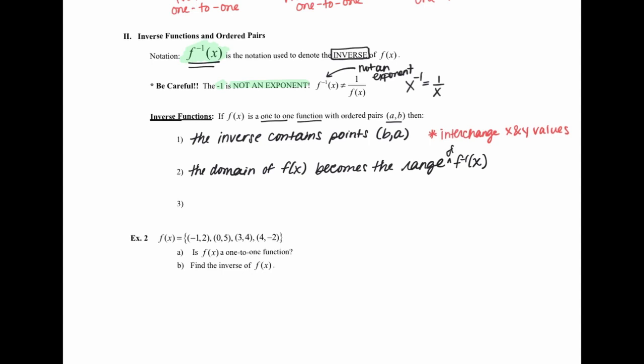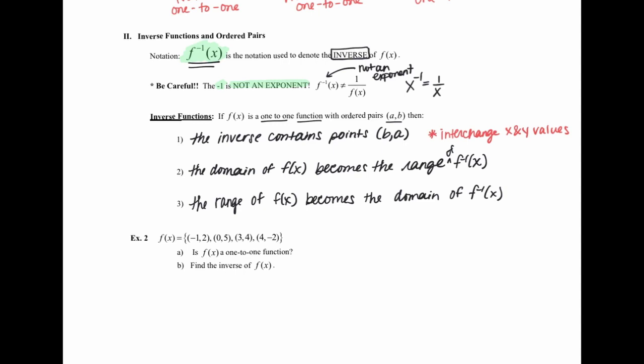Okay, the domain of f of x becomes the range of the inverse function. And likewise, the range of the original function, f of x, becomes the domain of the inverse. So essentially, all we're doing is we're swapping or interchanging our x and our y values, and we get a new graph, and that new graph is what we call an inverse.